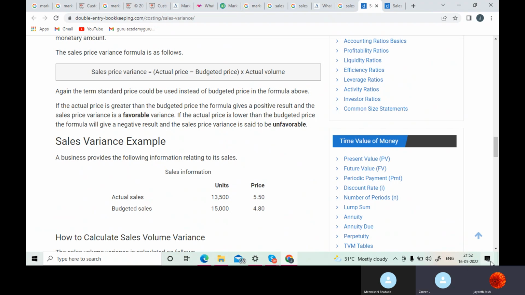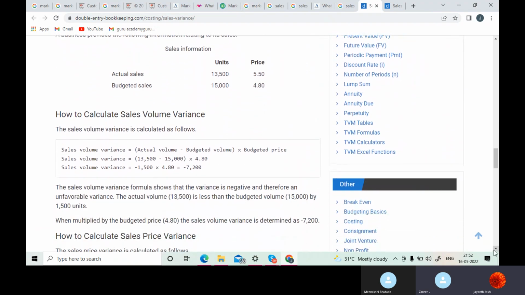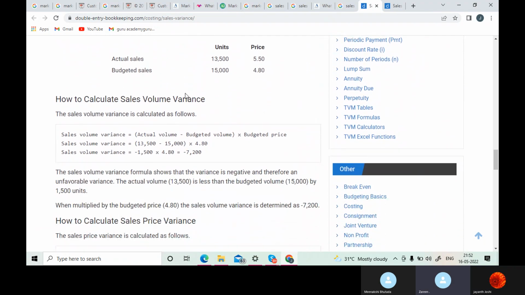Total variance is 2,250. Sales price variance is 9,450. No, sales volume, 7,200. You can check it. Got it?